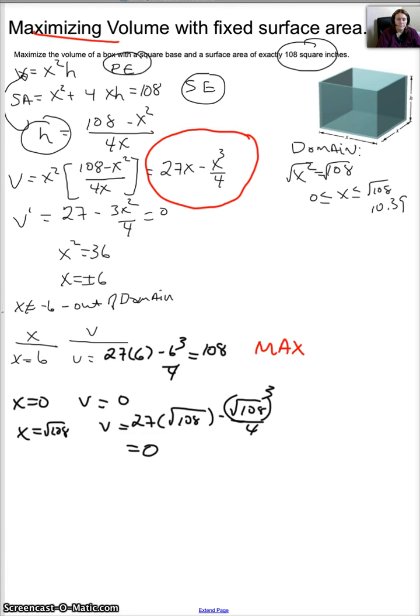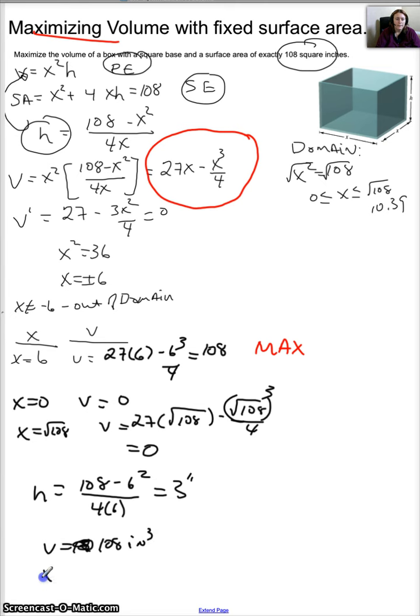So if x is 6, now let's find what h is. H then is (108 minus 6 squared) divided by 4 times 6, or 3. So what's my answer here? The volume is 108, and everything is in inches, so this is inches cubed.